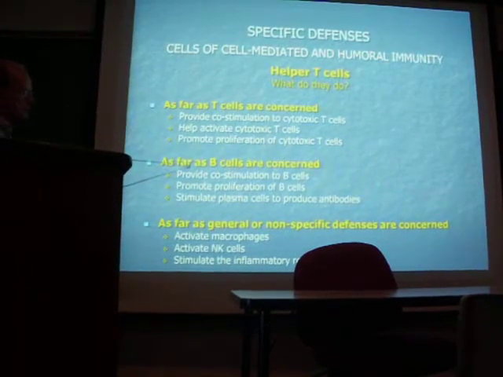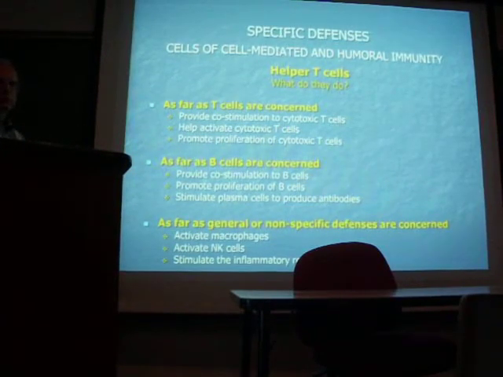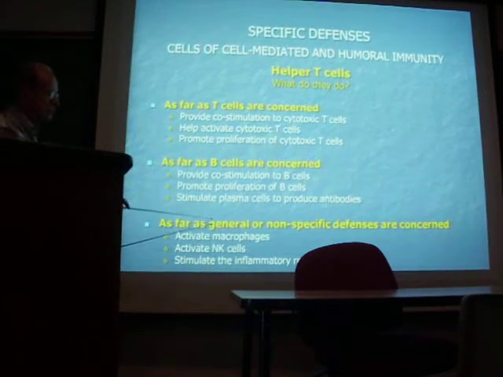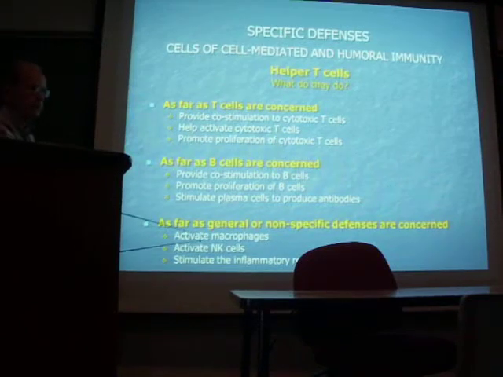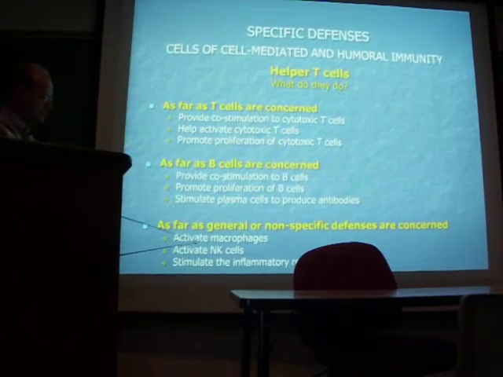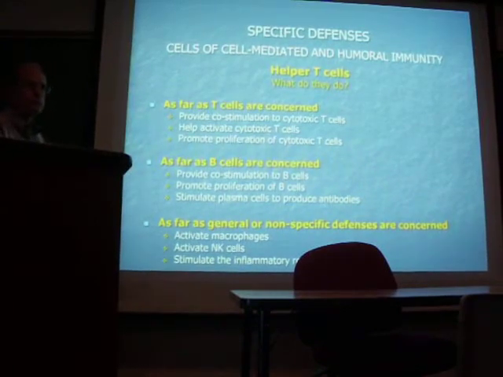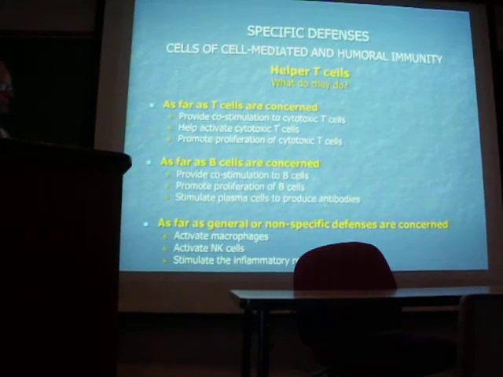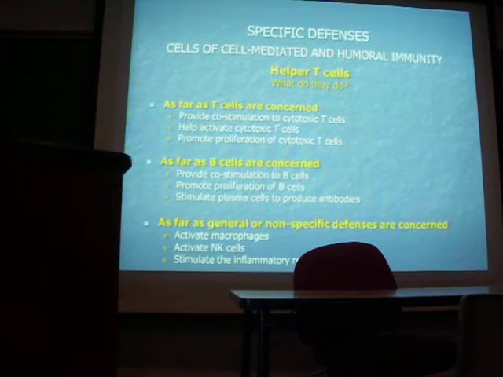And they essentially do the same thing for B cells. Both sides. Also, as far as our general or non-specific defenses are concerned, they activate macrophages, they activate natural killer cells, they stimulate the inflammatory response. So these little cells, these helper T cells, very important.